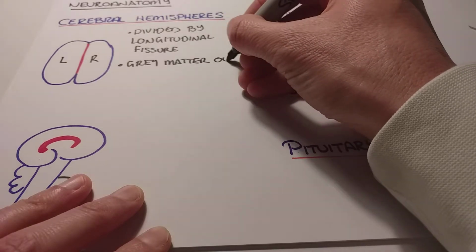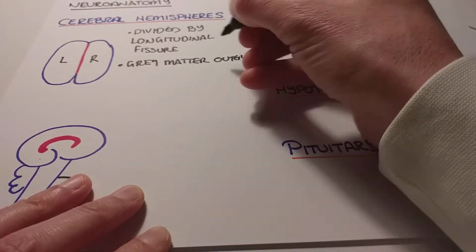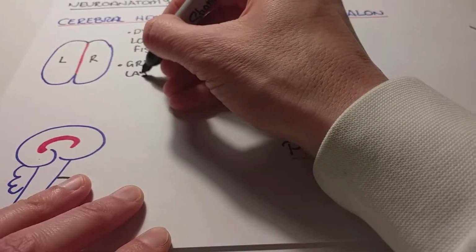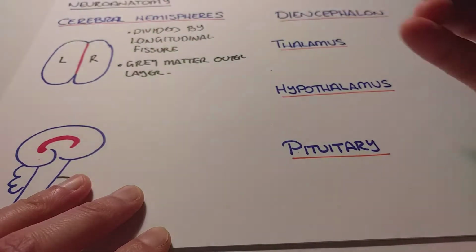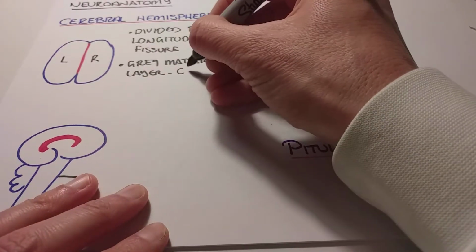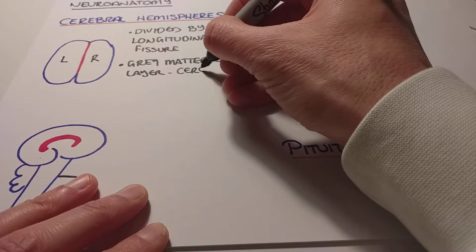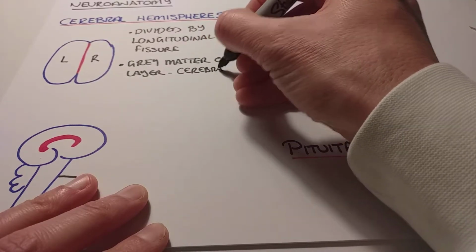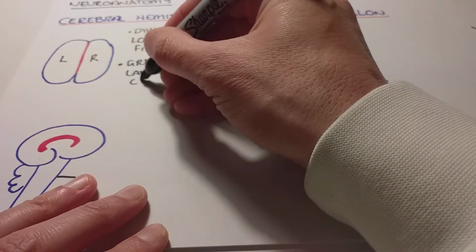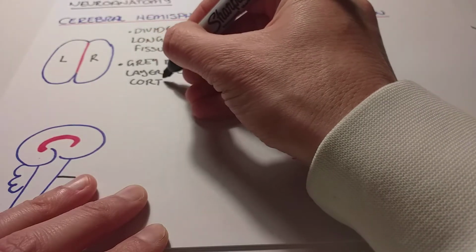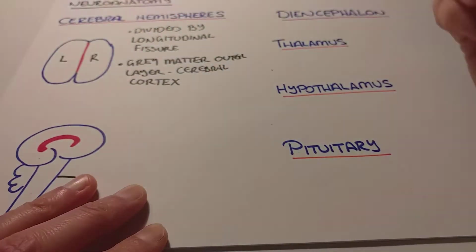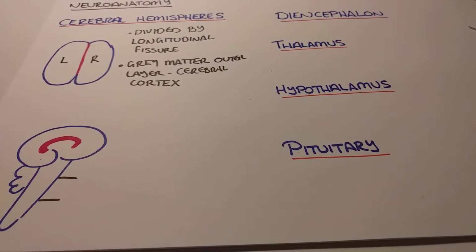So grey matter, outer layer, is your cerebral cortex. That's the squiggly bit on the outside.